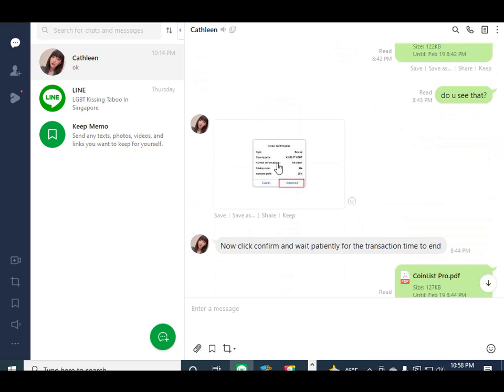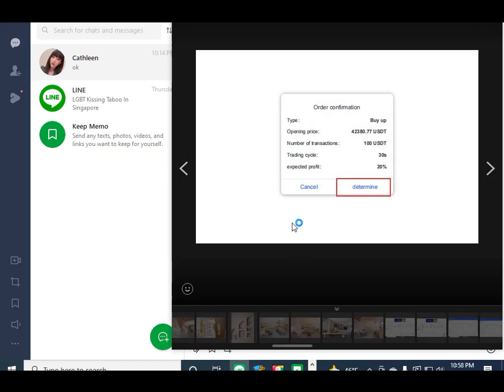And this is what comes up. Okay, this shows it right there. Confirmation, it's $100 being traded. And it shows you right there. Trading cycle, 30 seconds.